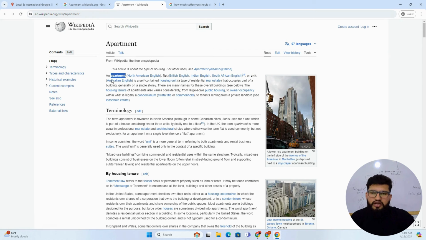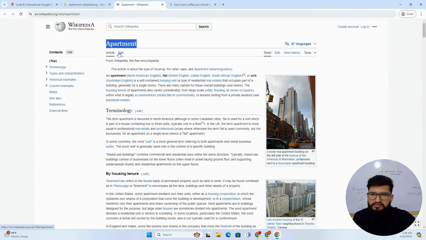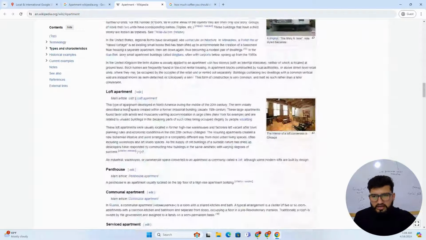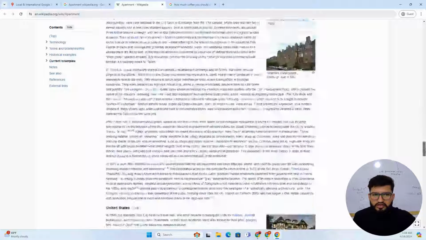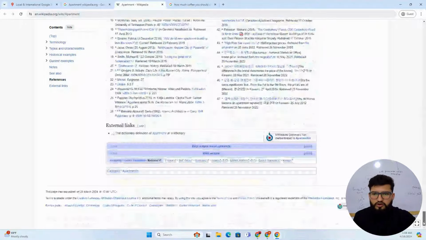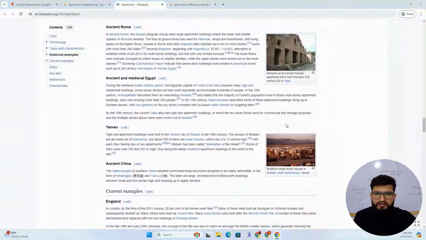If we write on apartment, we're also going to cover the building attribute. So let me write it down here. First of all, apartment is our selected entity. We're going to choose this entity based on the available information. As you can see, the page is very beefy, covered with a lot of entities and attributes. We're going to dive into that later.